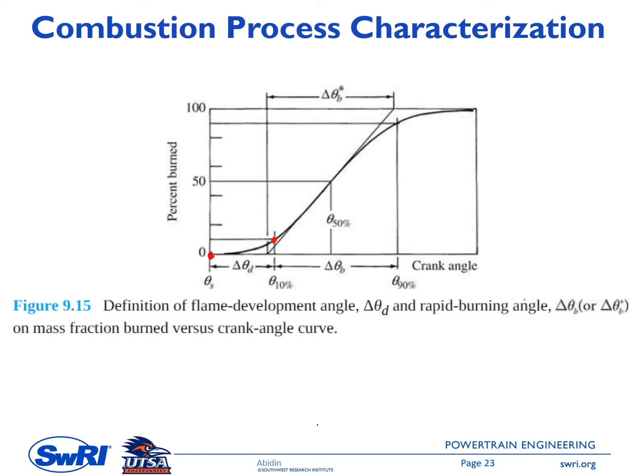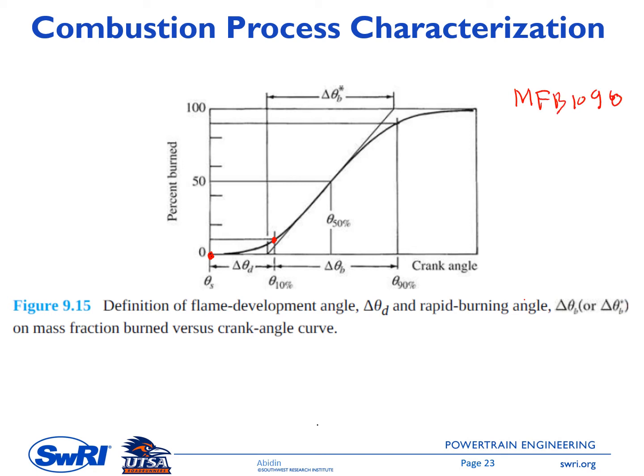How do we quantify this combustion process when we discuss with our client or our co-worker? So we use two parameters to represent how good the combustion process is. The first parameter is usually called MFB 10-90.